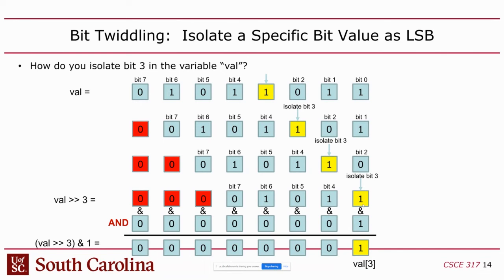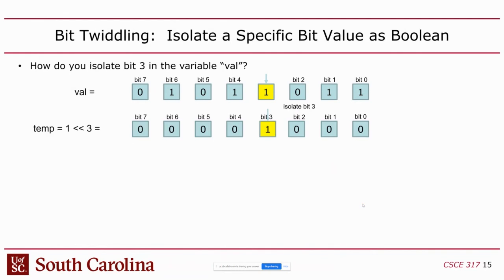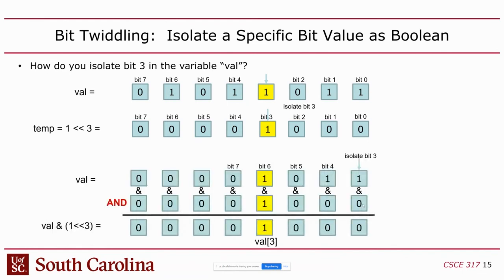But if you wanted to just use this as a Boolean, if you wanted a Boolean value to be true or false based on whether bit 3 were 0 or 1, then you wouldn't necessarily have to shift it to the right. You could just have a temporary variable, set it to 1, shift it 3 bits to the left, and then just do a bitwise and that way.